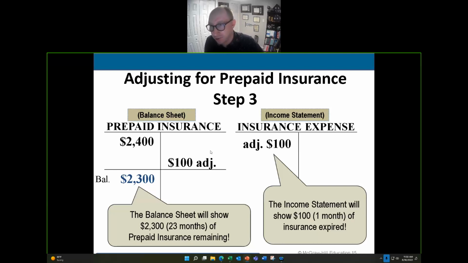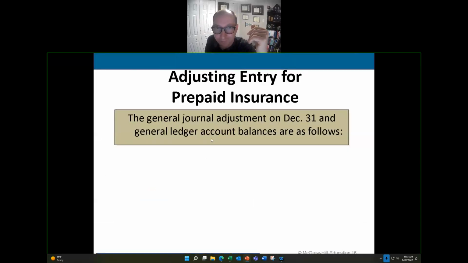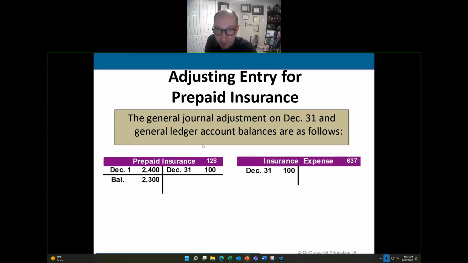Sometimes we also make adjusting journal entries when something went wrong in the past. We need to fix a balance for whatever reason. Sometimes people make mistakes and we have to make an adjusting entry for that. So yes, we made the entry.